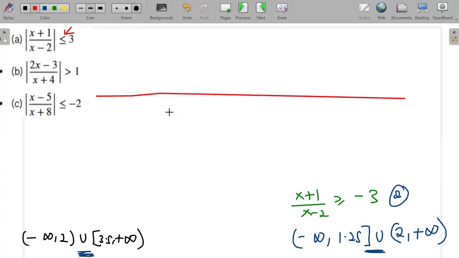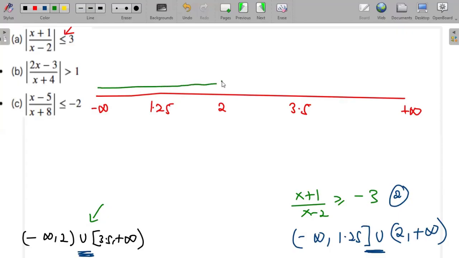I'll arrange these numbers that I can see here in order. So minus infinity, positive infinity. Then I can see a 1.25 somewhere, then a 2, and then a 3.5 somewhere. Let's plot first of all this one in green. That is from minus infinity all the way to 2.